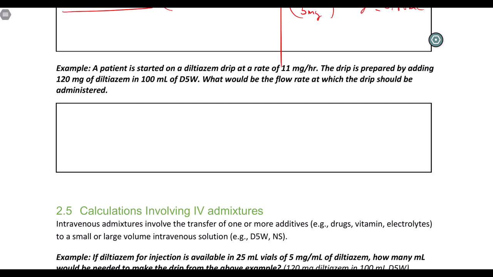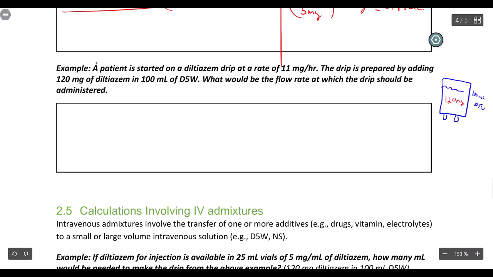We have an IV bag. The IV bag is going to have 100 mLs of D5W, and inside of this IV bag is 120 milligrams of diltiazem. Dilt, I'll call it. So 120 milligrams is in 100 mLs of D5W.